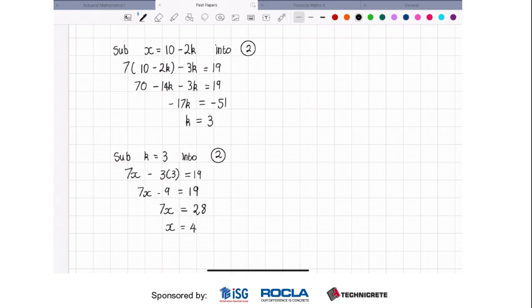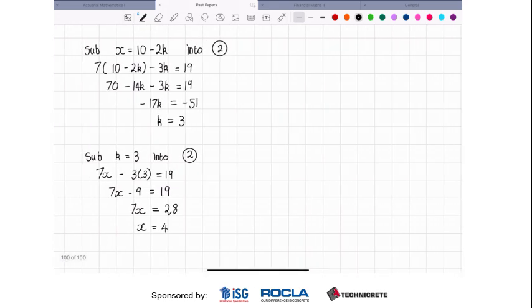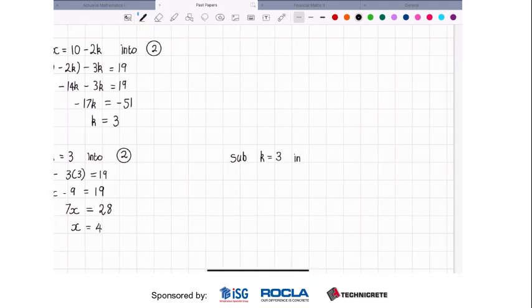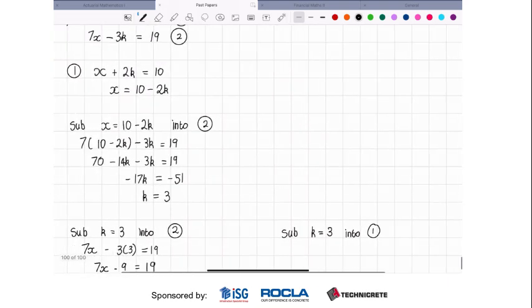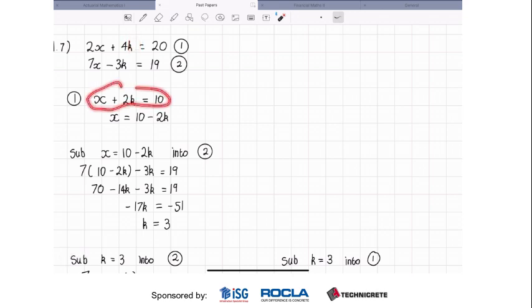And similarly, you could also sub k back into equation 1. Sub k equals 3 into equation 1. So we'll just do that to check that we get the same answer. So now for equation 1, everywhere that I see k, I'm not going to write k, I'm going to write 3. I could also use this expression for k. These two are exactly the same thing.